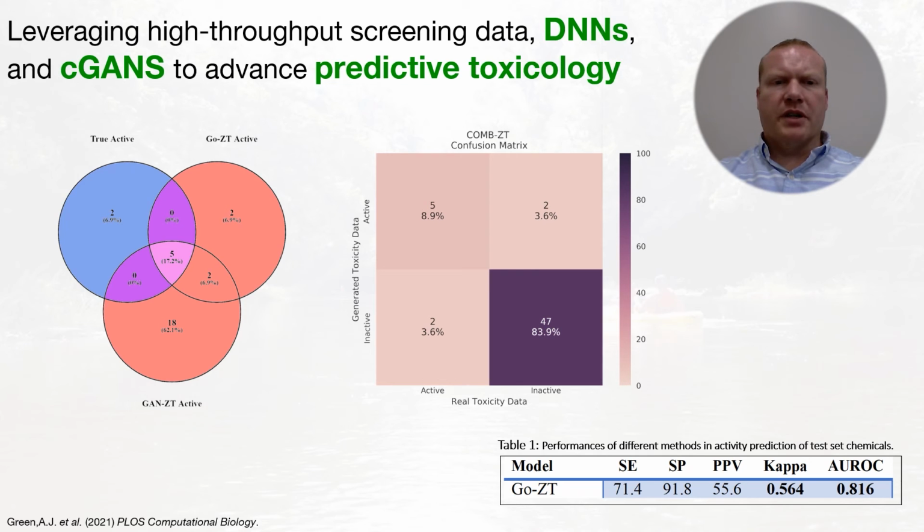By combining the predicted results of GoZT and GAN-ZT, we were able to improve these 3 metrics to 71.4%, 0.637, and 0.837 respectively. As shown in the Venn diagram, the resulting model removed 4 positive values from the GoZT results and 20 false positives were eliminated from the GAN-ZT results.